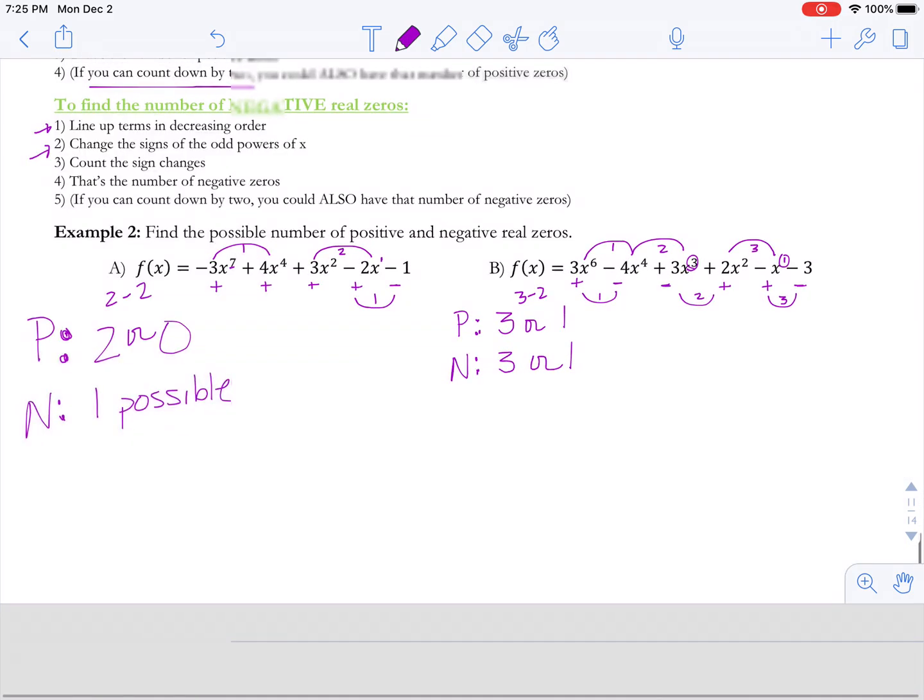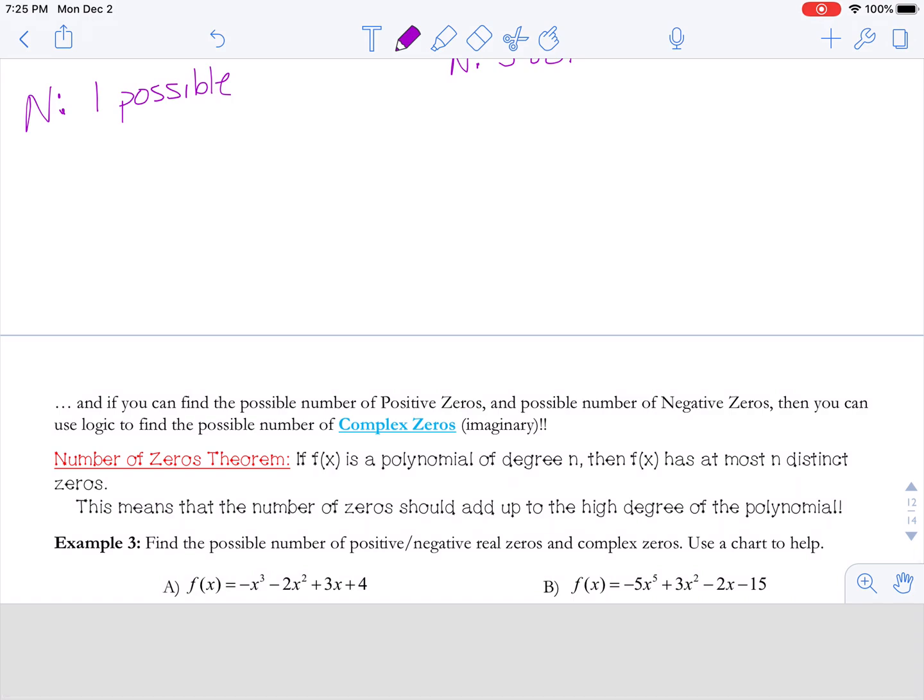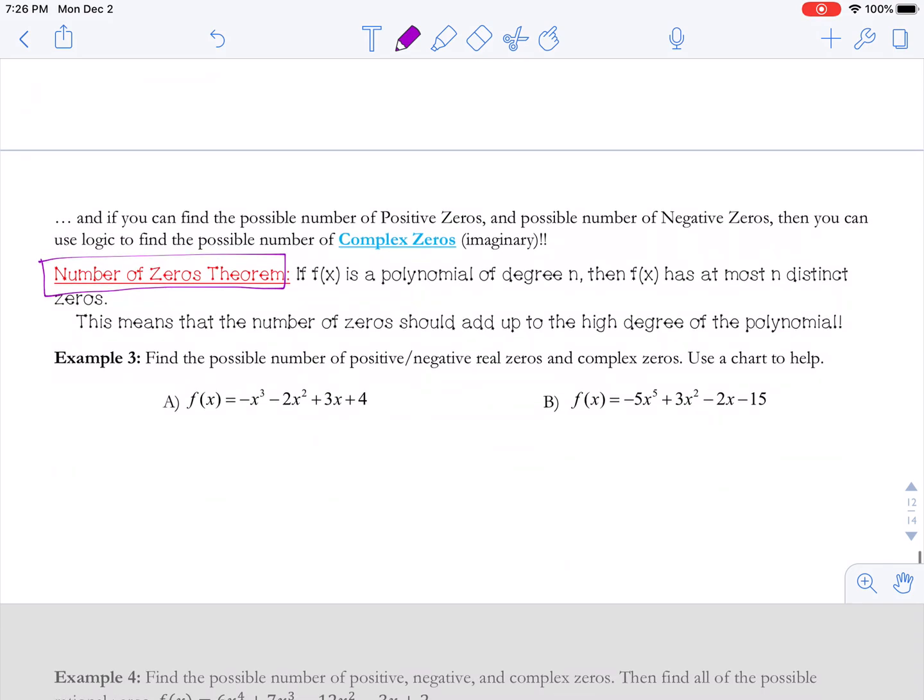Now, the next thing we're going to do is the number of real zeros theorem. It says if f is a polynomial of degree n, then f of x has at most n distinct zeros. This means that the number of zeros should add up to the highest degree of the polynomial.